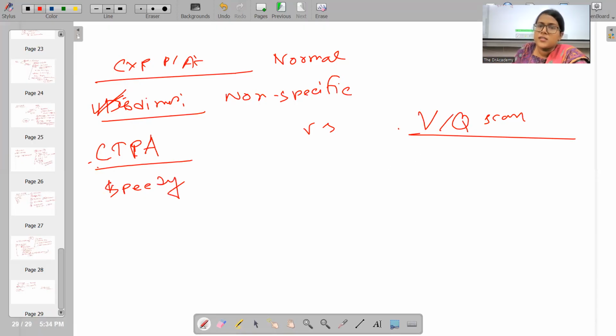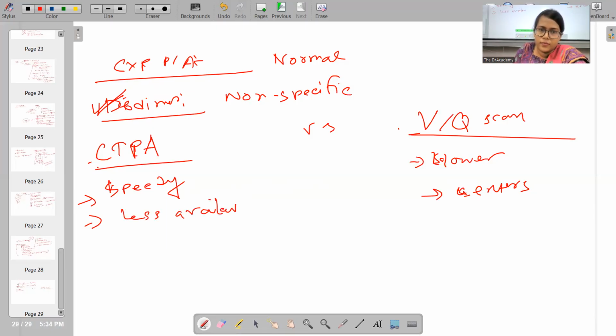Ventilation perfusion scan is comparatively slower. CTPA is widely available. VQ scan is available in some centers, but compared to CTPA it is less readily available. CTPA is more sensitive and specific.